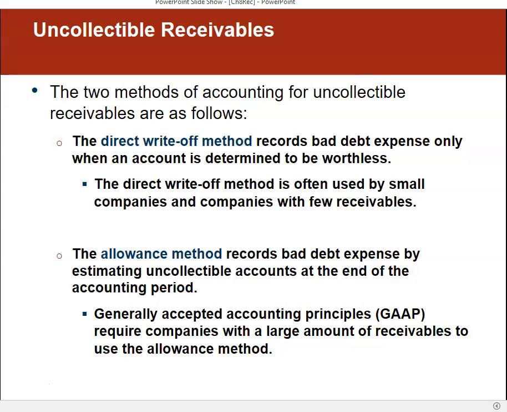Okay, so this is where we start to complicate things a little bit. We have two methods for writing off these receivables. We have what's called the direct write-off method, and we use this method whenever a company is pretty small and they don't do a lot of business with receivables.